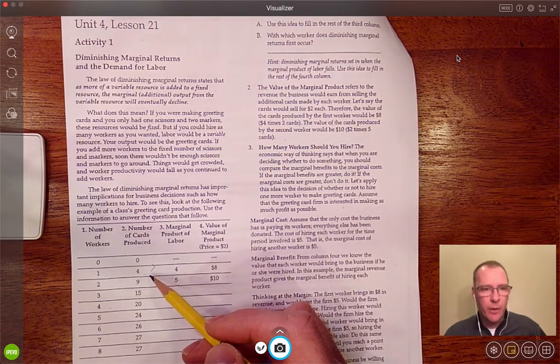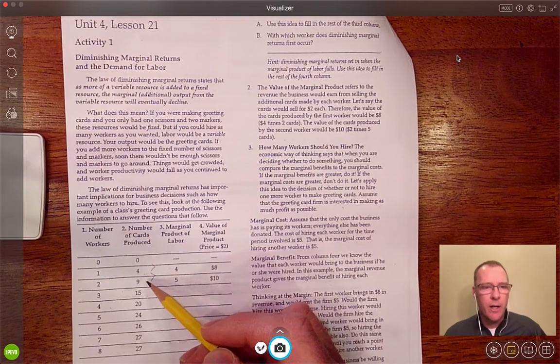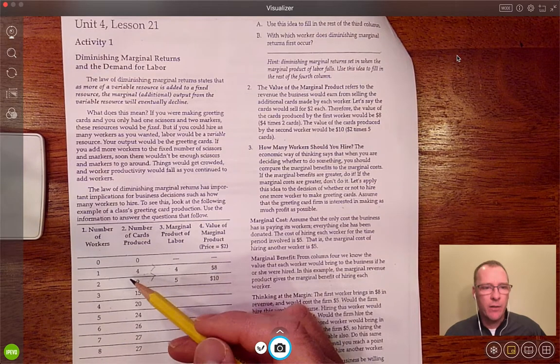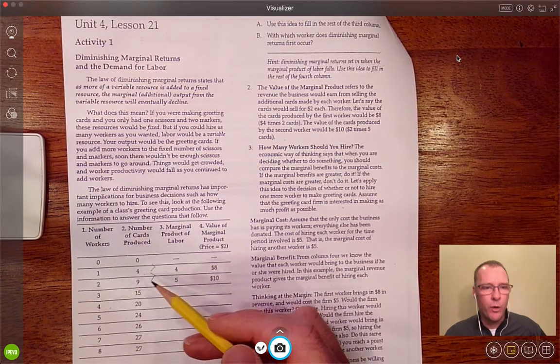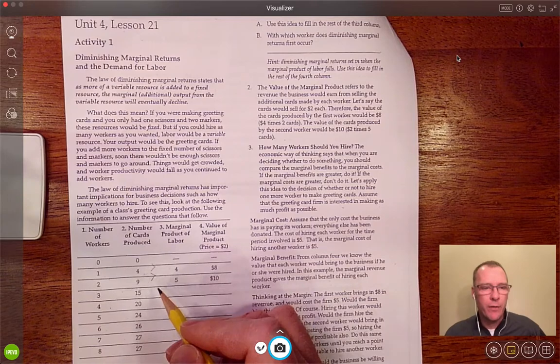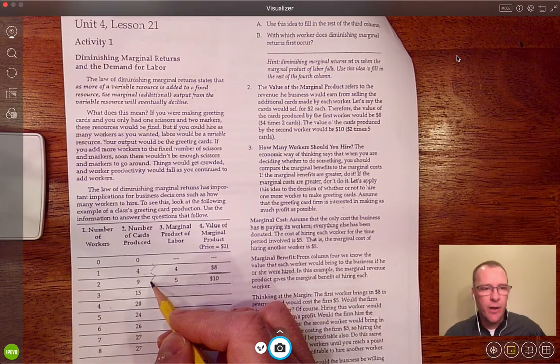In the second one, the change between the first worker and the second worker is giving me 5, because the difference between 4 and 9, versus the change in 1 worker, is giving me 5 units that person is making. So I can go through and figure out every single time how much that person is bringing in.